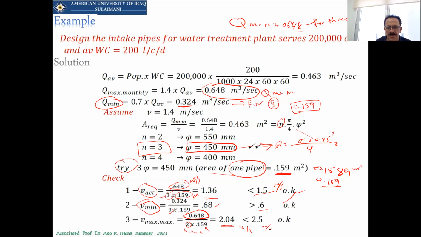Now it's 2.04, less than 2.5 meter per second, so again the test is okay. So the answer to this question is we need only 3 pipes, and their diameter should be 450 millimeters each.